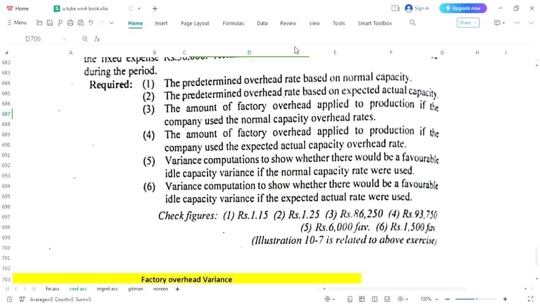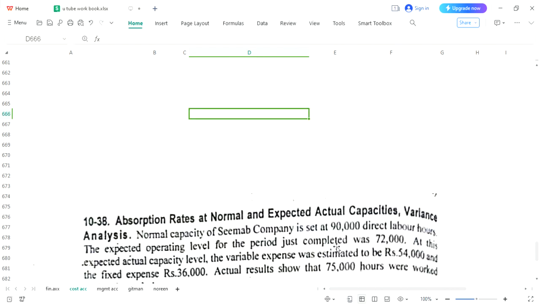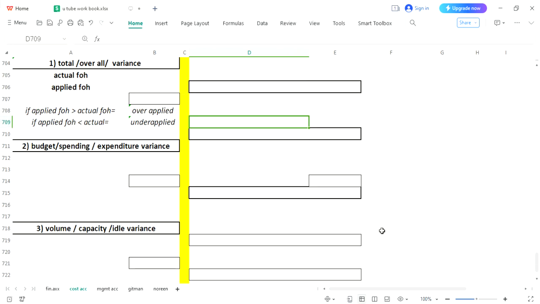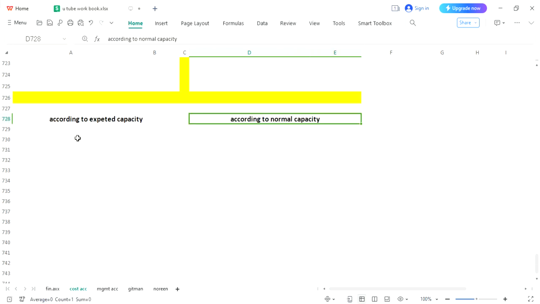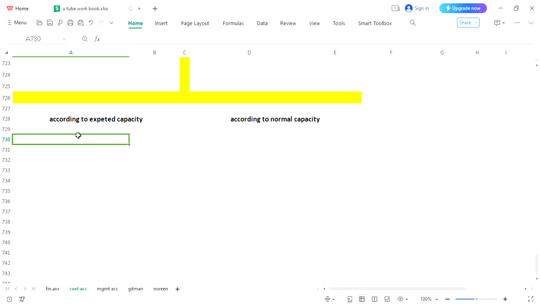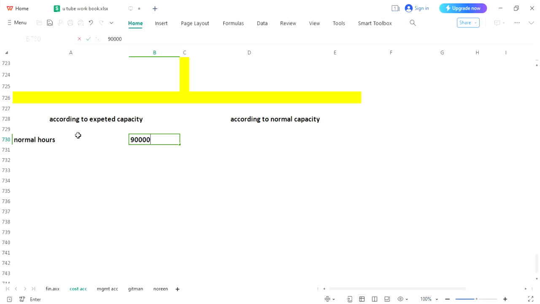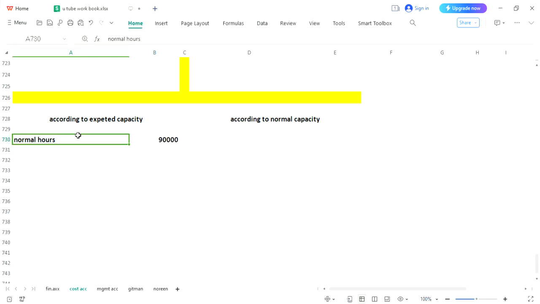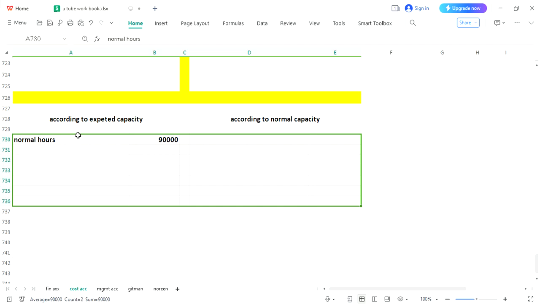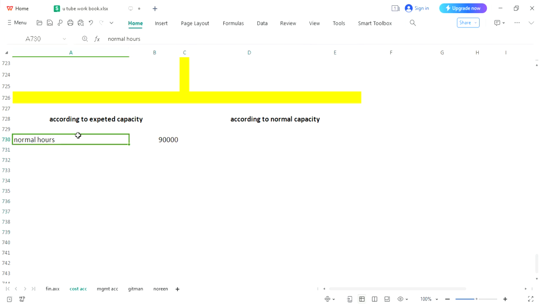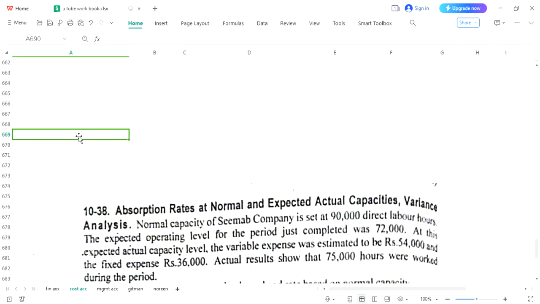So let's go back to the question and see that normal capacity is 90,000 labor hours. So first of all, normal hours are mentioned, which is 90,000, and the next thing they are following is to see the expected level, just completed, which was 72,000.